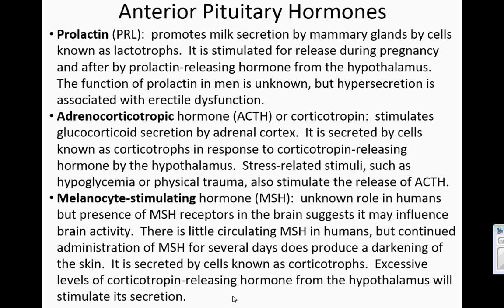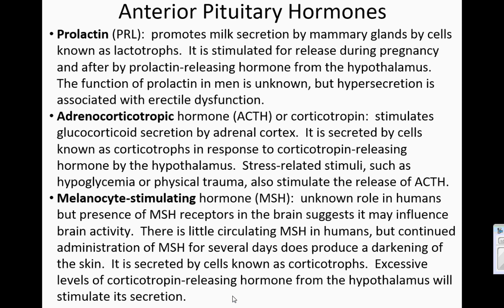The last three anterior pituitary hormones are prolactin, adrenocorticotropic hormone, and then melanocyte-stimulating hormone. Prolactin is a very important female hormone because this is a hormone that causes the release of milk from the mammary glands.